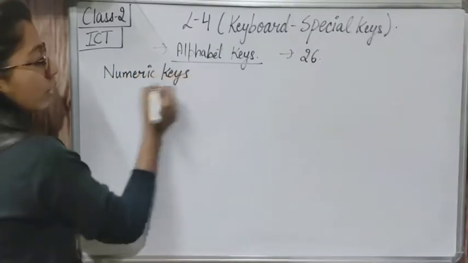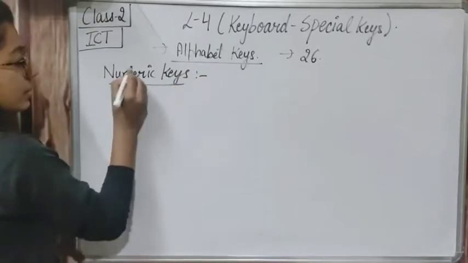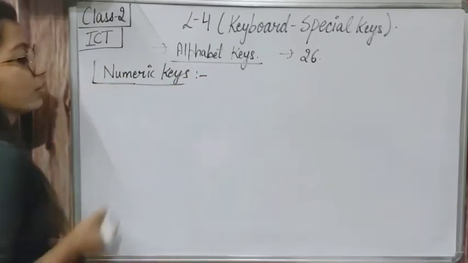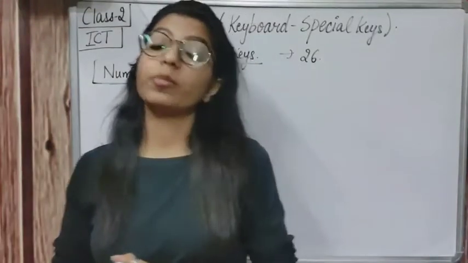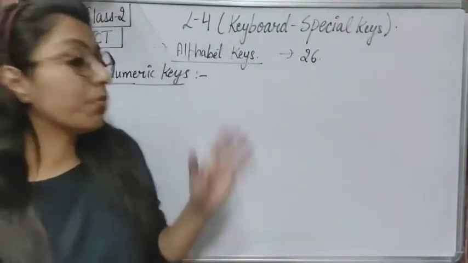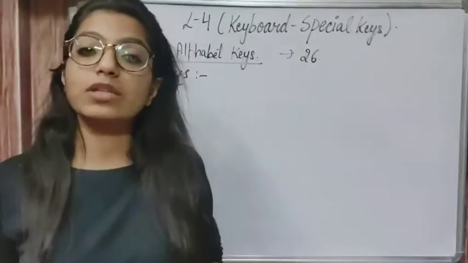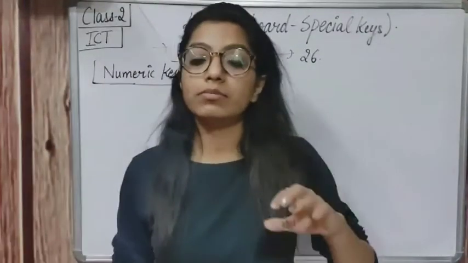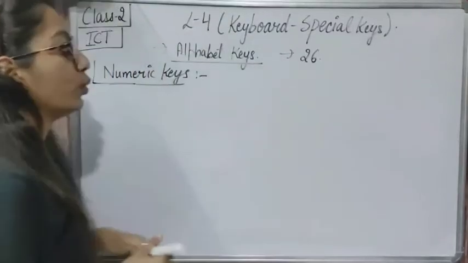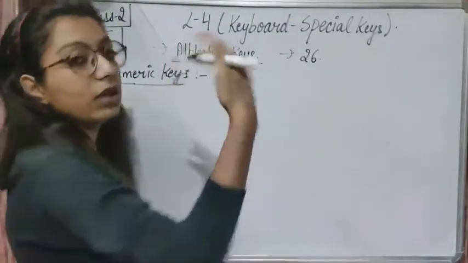So as you can understand from the name, numeric means numbers. The numeric keys means number keys. So there are total 10 numbers given, which are just above the alphabet keys.